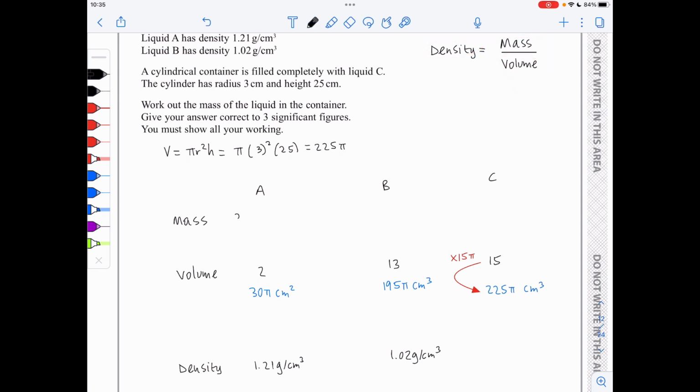So 30 pi times 1.21 is the mass of A, and 195 pi times 1.02 grams is the mass of B. So to find the mass of C, which is what the question is asking for, we simply add the masses. It's 30 pi times 1.21 plus 195 pi times 1.02, and this gives an answer of 739 grams.